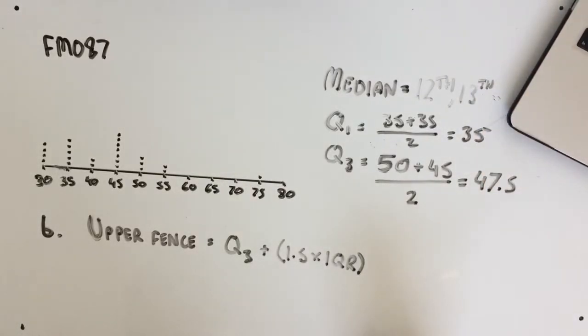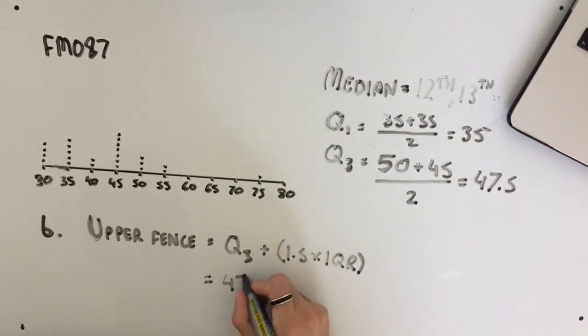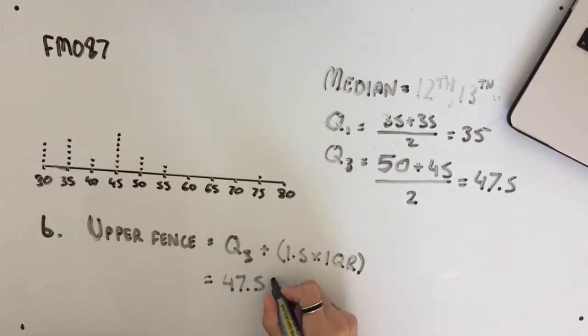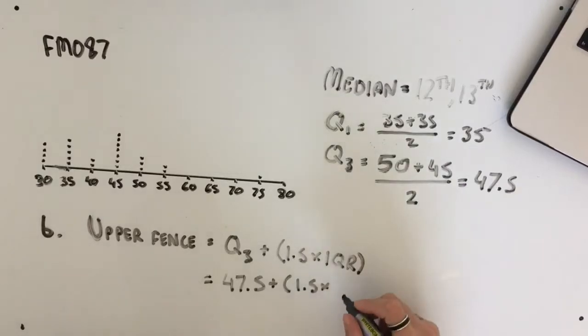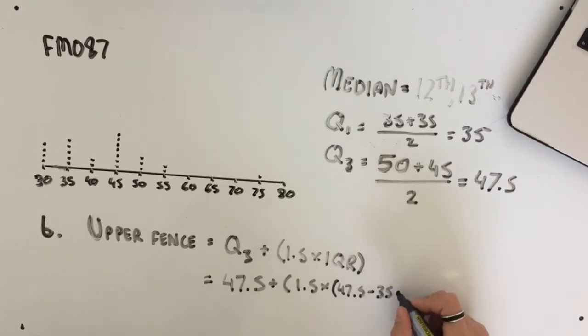So from this, we can start filling out our equation here. Upper fence is equal to Q3, 47.5, plus 1.5 times our IQR, which is going to be Q3 minus Q1, 47.5 minus 35.